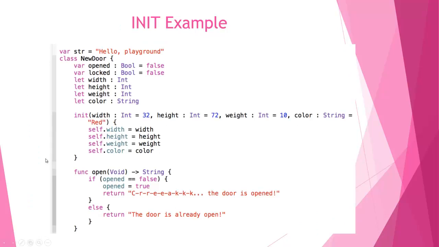So I add this line here, init, and then I put some defaults in. So width equals 32, height equals this, weight equals that, color equals red. And then you have to decide what the variables' names are going to be. So what am I going to call width, height, weight, and color? Well, in this case, I still want to call them width, height, weight, and color. For some reason, you might not want to call them that.